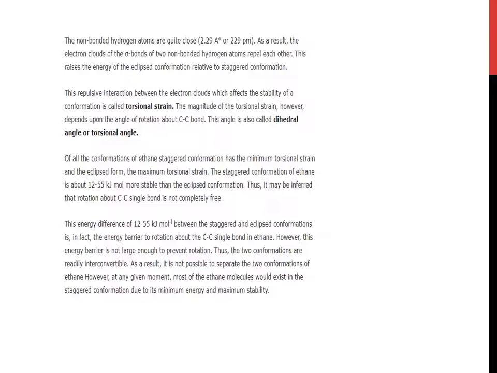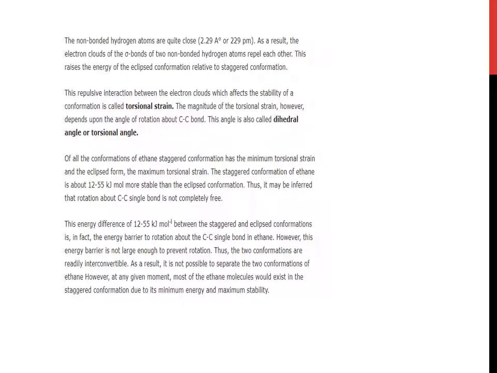The staggered conformation of ethane is about 12.55 kJ per mole more stable than the eclipsed conformation. Thus, it may be inferred that rotation about carbon single bond carbon is not completely free. This energy difference of 12.55 kJ per mole between the staggered and eclipsed conformation is in fact the energy barrier to rotation about the carbon single bond carbon in ethane.